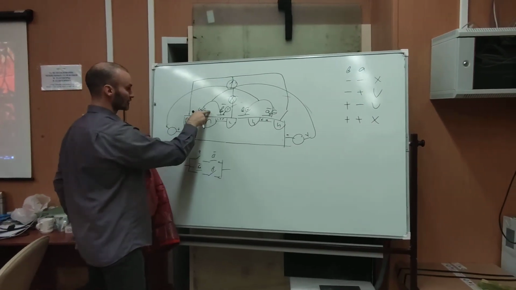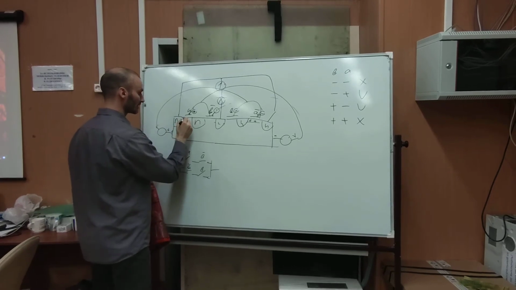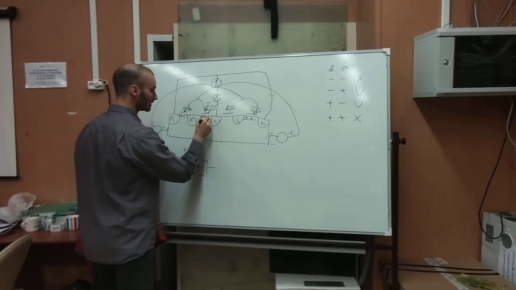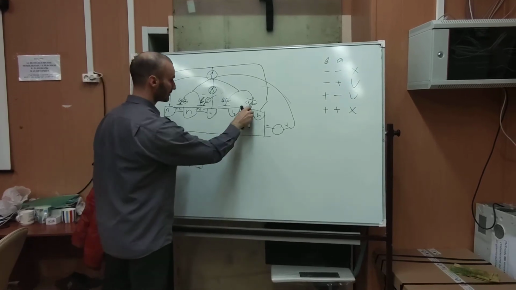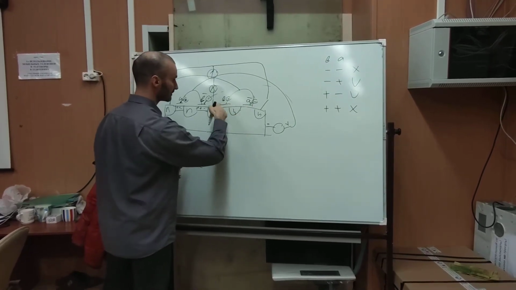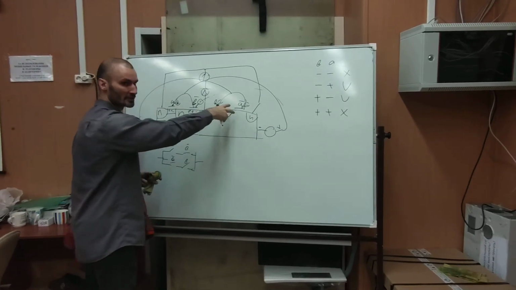So we have positive and positive. That actually means that we have electrons here and here, and we have a channel in both cases. And both of these are negatives, so we don't have a channel, and these capacitors are forcibly discharged.